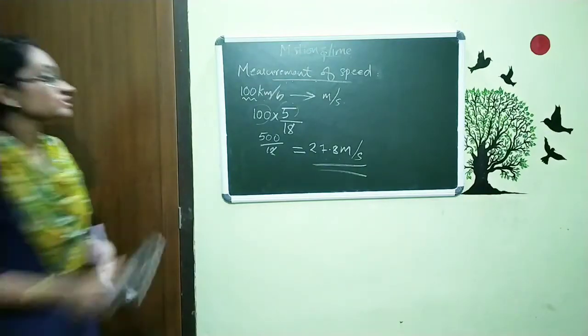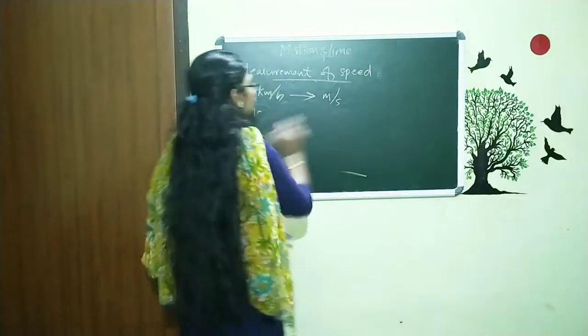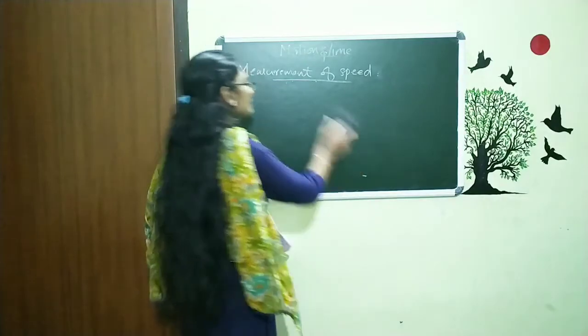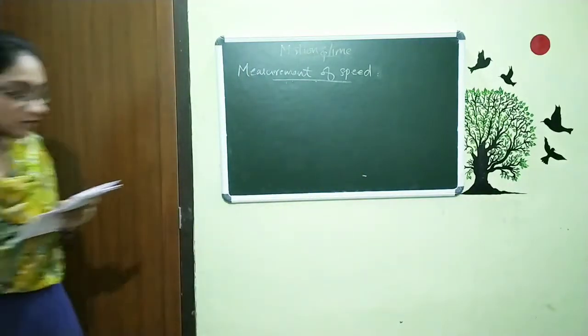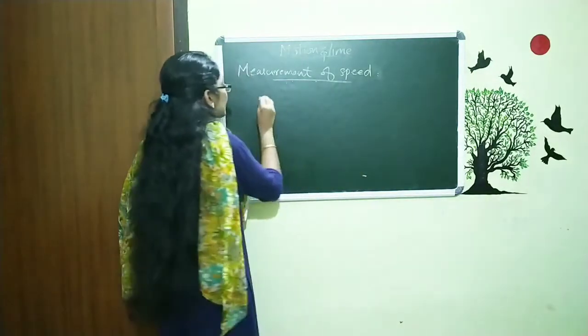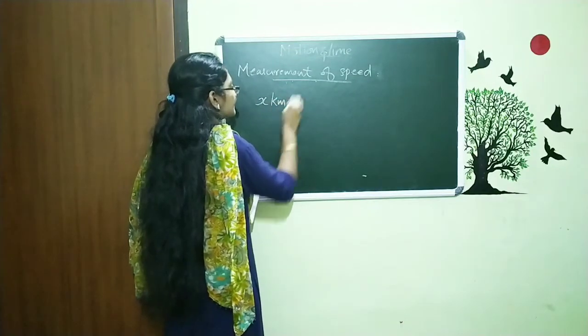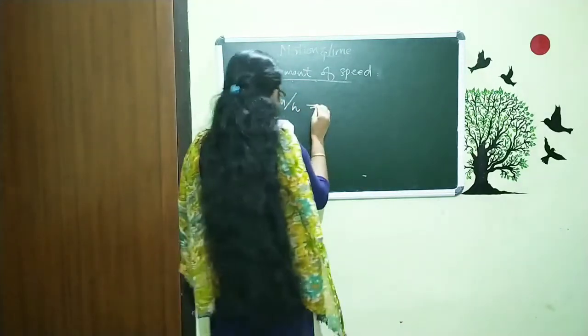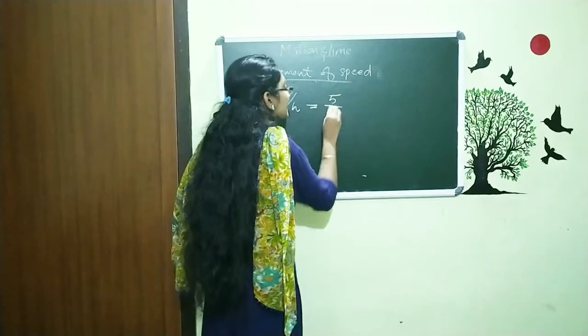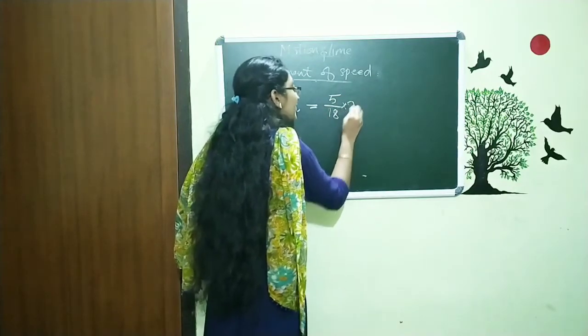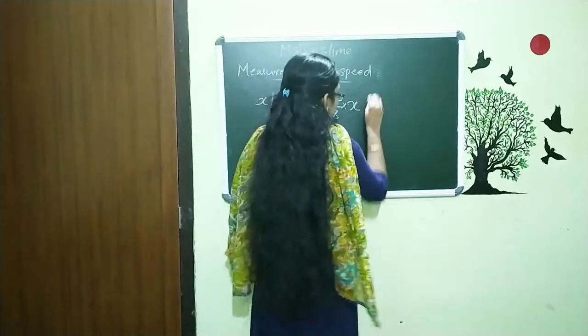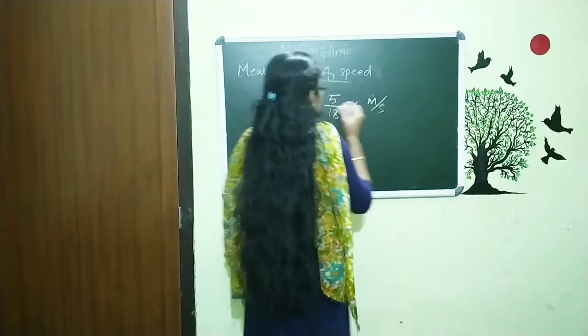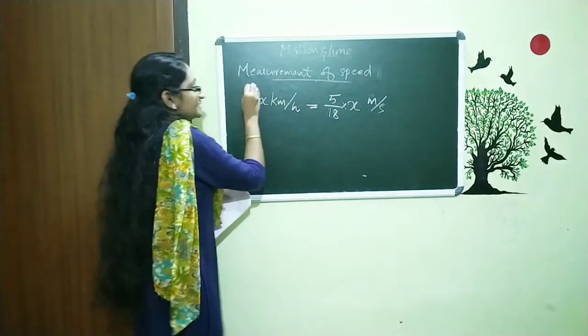Now I am going to conclude this session by writing one equation for this. So x kilometer per hour is equal to 5 by 18 into x meter per second. This is the equation.